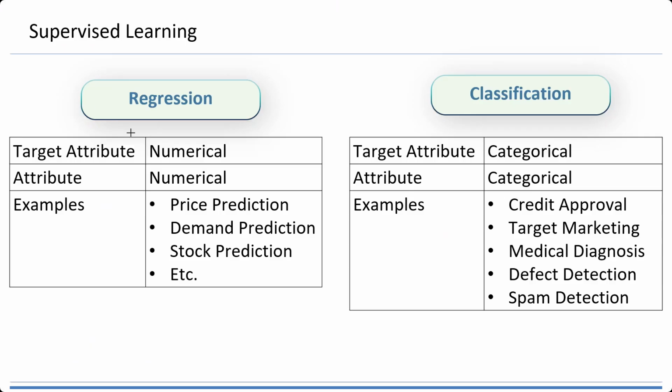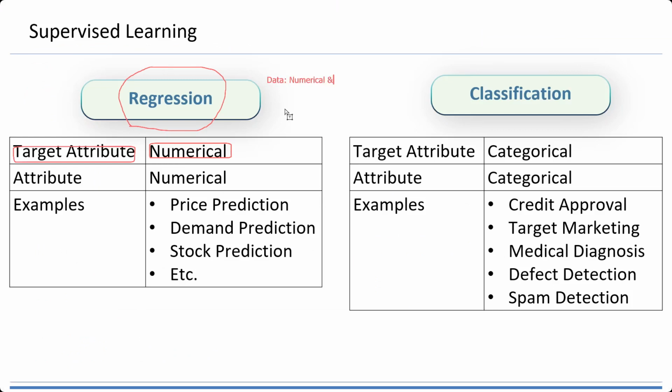When we do regression, we work with the target attribute, and the target attribute will be numerical. You know, in our first or second week lecture, we learned there are two kinds of data. You still remember? Yes. Numerical and categorical.